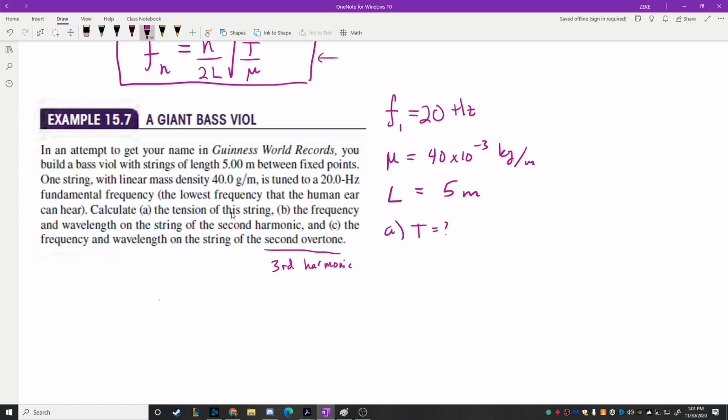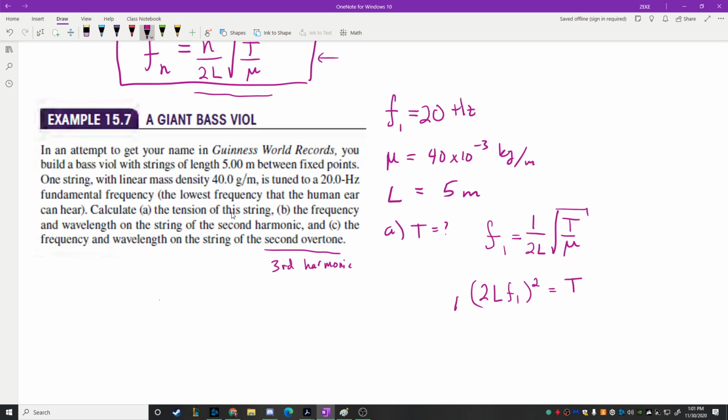Okay, to find tension, we can use really any of the equations we want to. The easiest one to use would be this one. So F1 is 1 over 2L square root T over mu. Solve this for tension, so we'll get 2L F1 squared should be equal to T over mu.